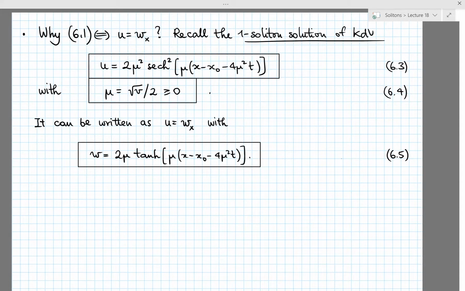But in fact, we can integrate the right-hand side of 6.5 once more.